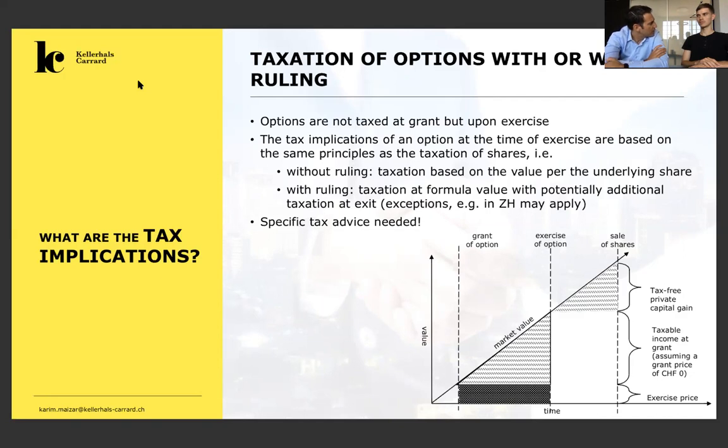This is one of the great advantages in Switzerland, because in other countries such tax rulings are not available. This helps you create certainty for your employees, but also for you as a company when it comes to the tax implications. Plus, you can offer some tax optimizations for the employees, which might be an attractive thing.